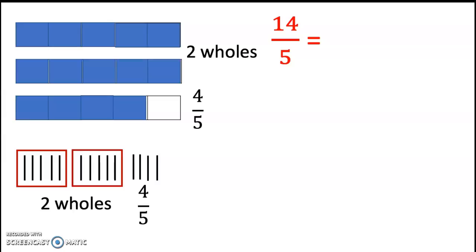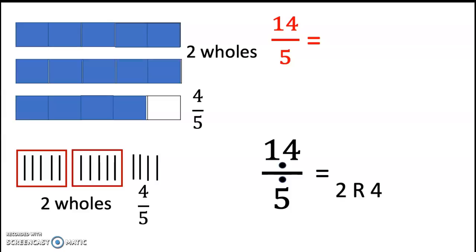Now there's one more way that we could do this. Remember that fractions are really just division. So we could think of 14/5 as 14 divided by 5. When I do that, I know using my 5 times tables, the closest I could get is 10.